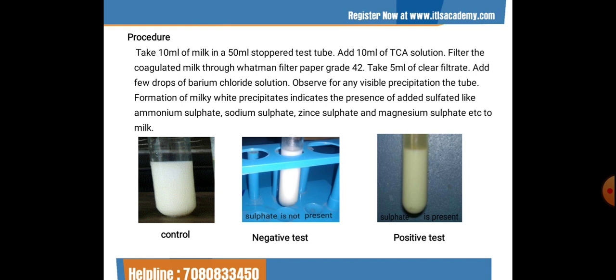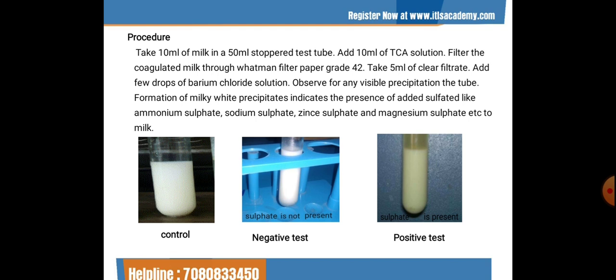Procedure: take 10 ml of milk in a 50 ml stoppered test tube, add 10 ml of TCA solution into it, and filter the coagulated milk through Whatman filter paper grade 42. Now take 5 ml of clear filtrate and add a few drops of barium chloride solution into it.